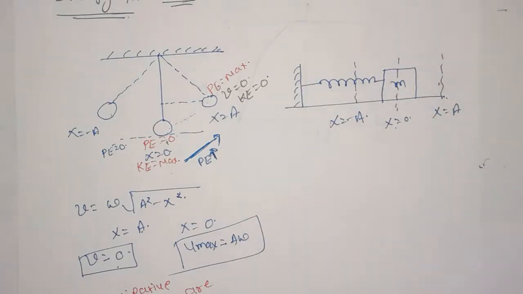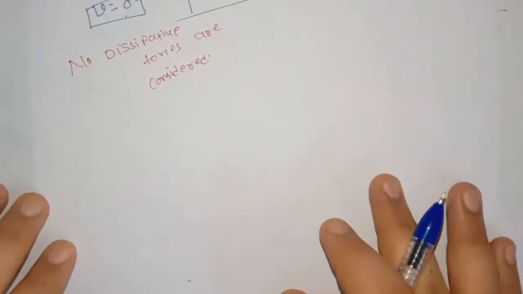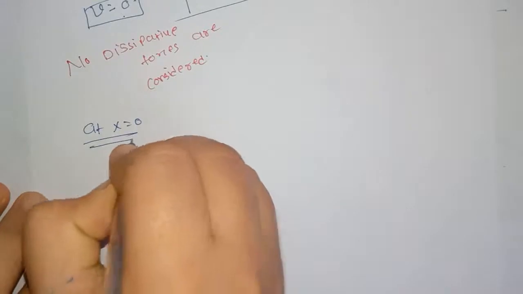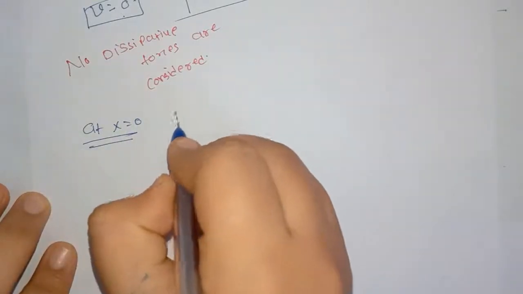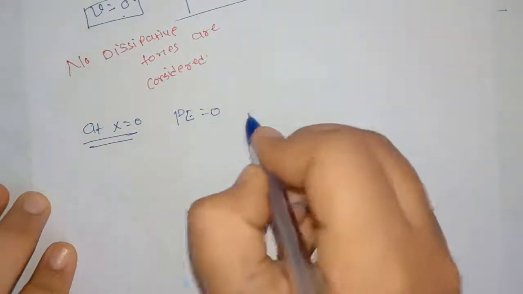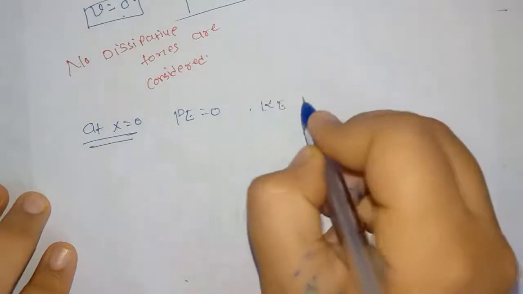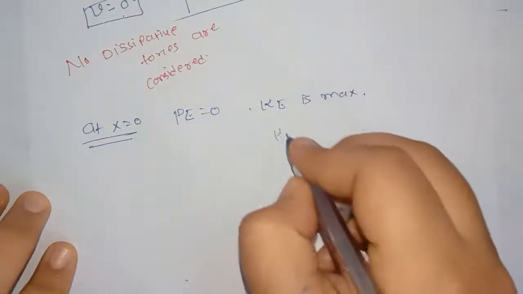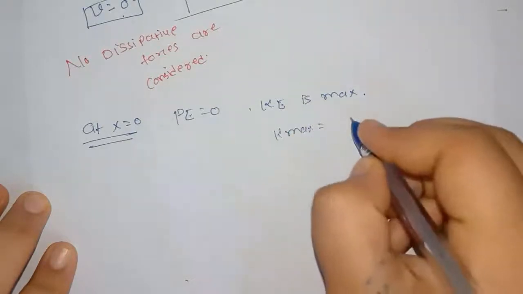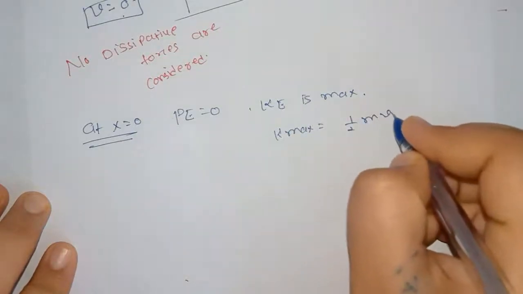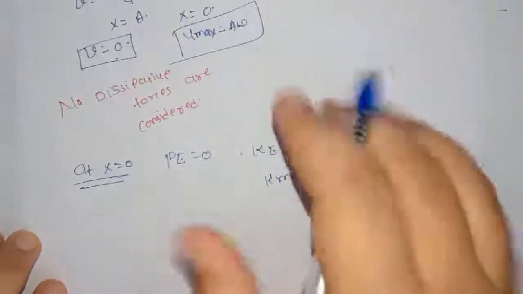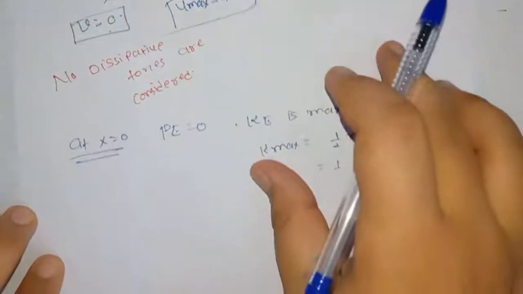So we can conclude these things as at x is equals to 0, potential energy is taken 0 and kinetic energy is maximum. The maximum kinetic energy is half m Vmax square, and we have seen that maximum velocity is a omega.